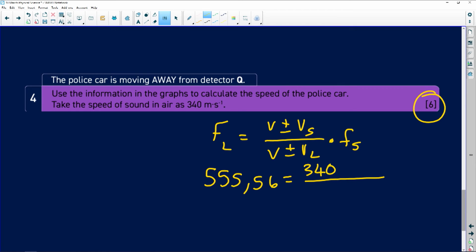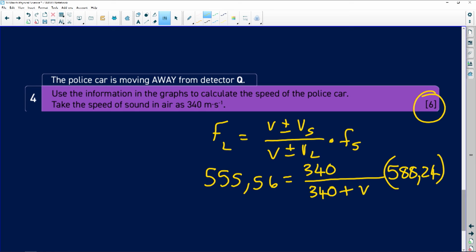Now the source at this point was standing still. The velocity of the air is 340, they told us. And now we're going to say plus V multiplied by the frequency of the source, which we know was 588.24, I think it was. So we're just subbing in for what we have.